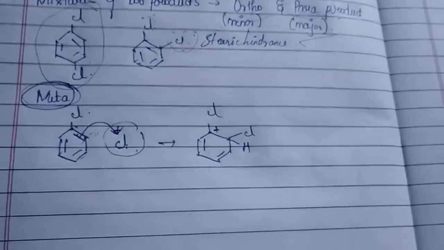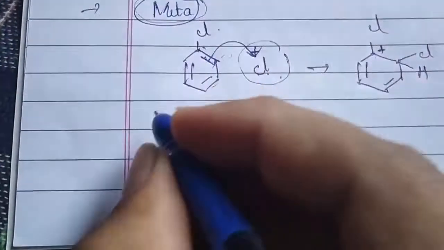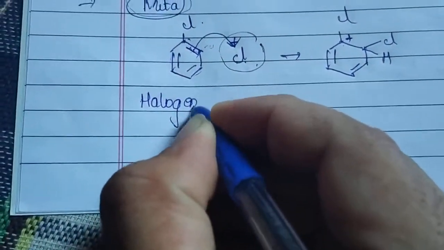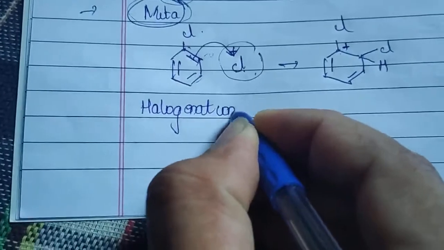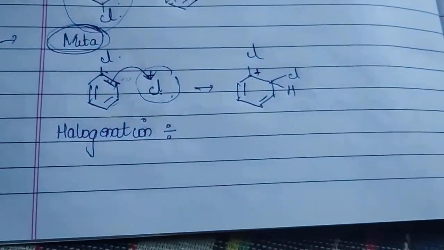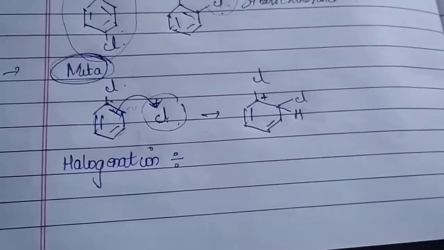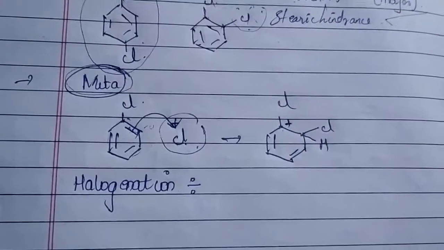So now let us look at the first important reaction of electrophilic substitution of chlorobenzene, which is called halogenation. What is this halogenation? Let us first see it.